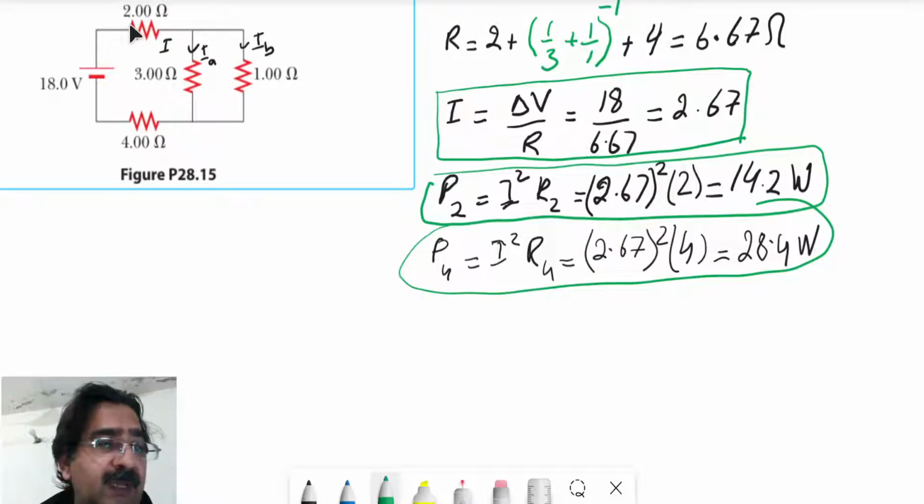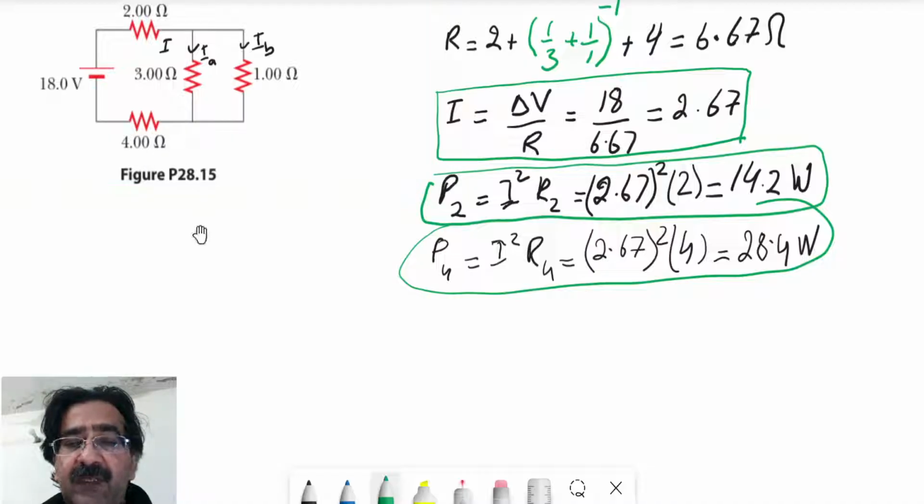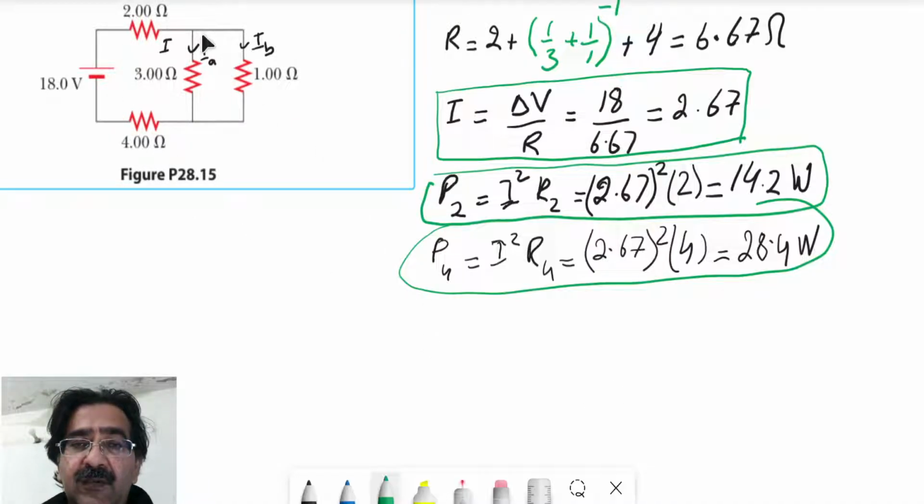Firstly, we have to find the voltage drop across these resistances, because when the current passes through resistance 2 and 4, the voltage will drop across them.